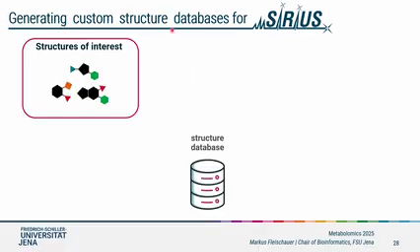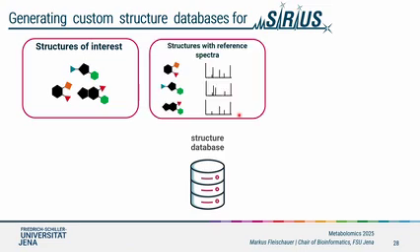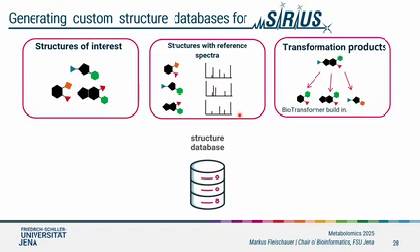Generating your own structured databases gives you a lot of options. The easiest, most straightforward thing is: I have a few structures and I want to import them. Next step is I have structures and references, and I want to see which data in my data set also matches my references. The next step is, I have some drugs I'm interested in, and I also want to search against unknown transformation products.